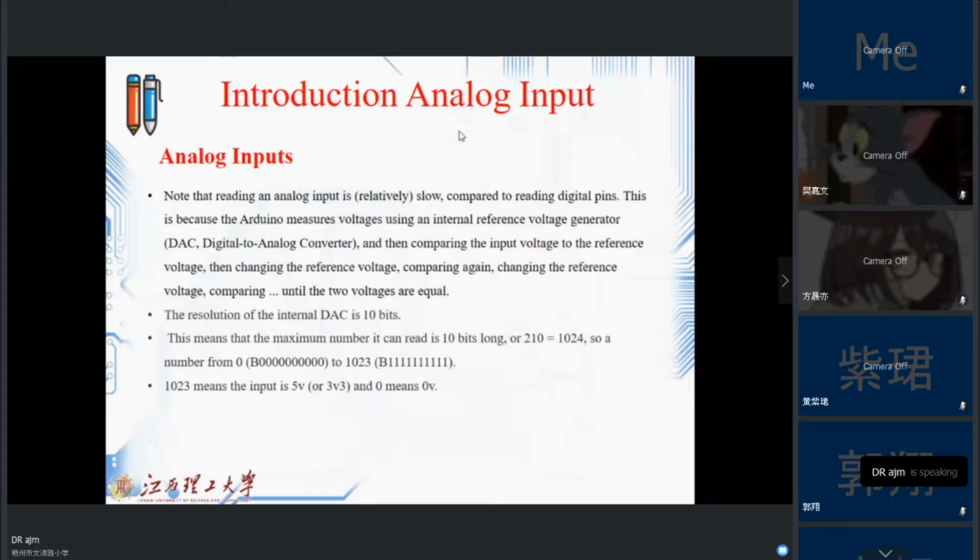So we have the range between 0 volts and 5 volts, which means 5 volts is equal to 1023 and 0 volts is equal to 0. Remember that.